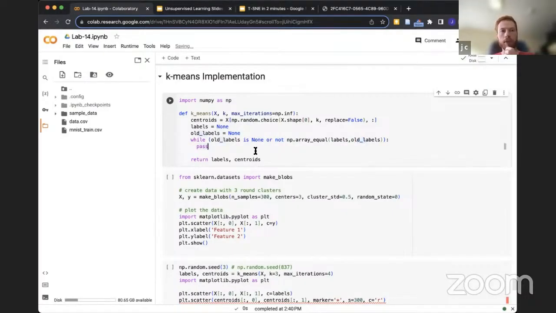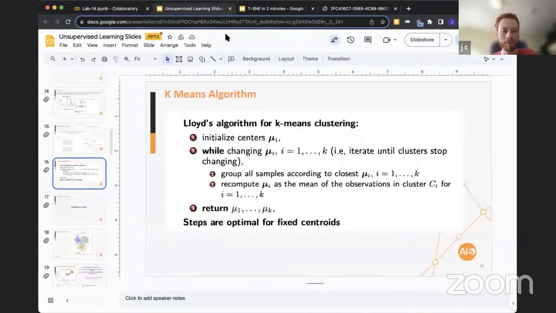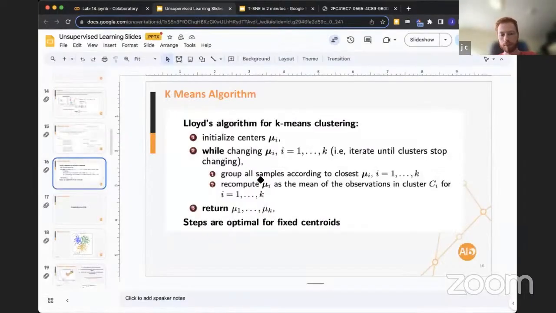Now, how do we update our centroids? Okay, group or something according to the closest.